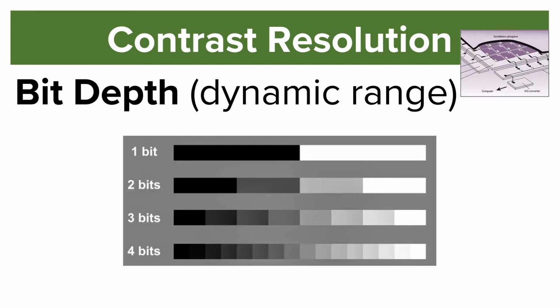One factor that affects contrast resolution after X-rays hit the image receptor is bit depth. Bit depth is the number of shades of gray a pixel can represent. For example, a 2-bit system can show 4 grays, but a 4-bit system can show 16 grays.